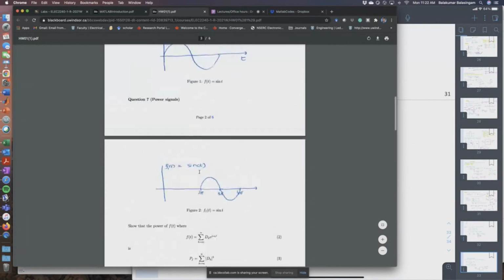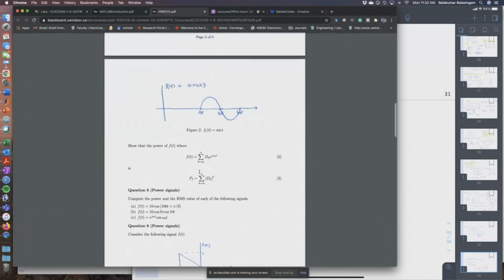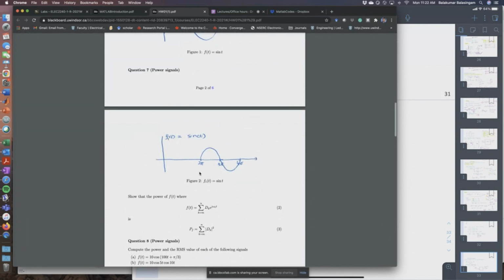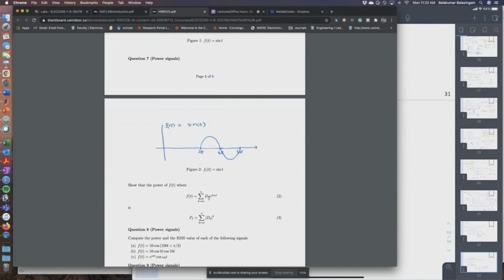Question 7, power signal. Show that the power of f(t), where f(t) is d, k. You probably have to use Euler's formula to work on this, but it's just pure math here. You don't need to worry about any of the signals. It is an integration problem. Just go by the definition of power.